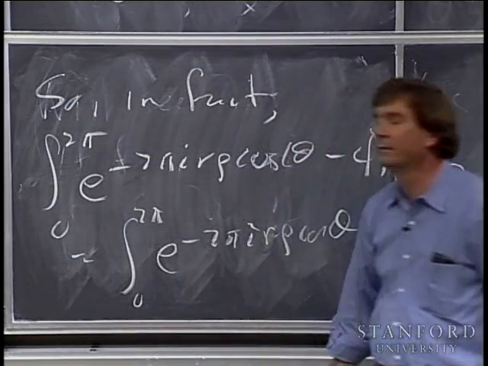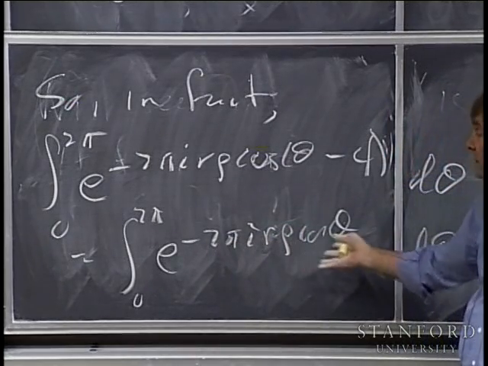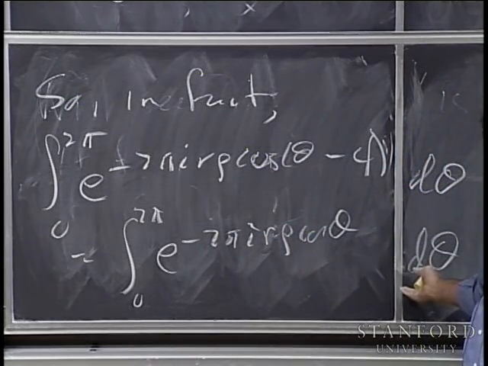Now that's just grand. And you see there's no f in there or anything. It's in some sense an ordinary integral, some function of theta integrated with respect to theta. There's no more phi in there.